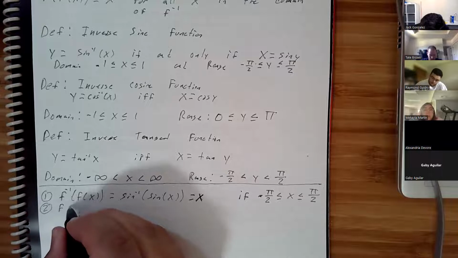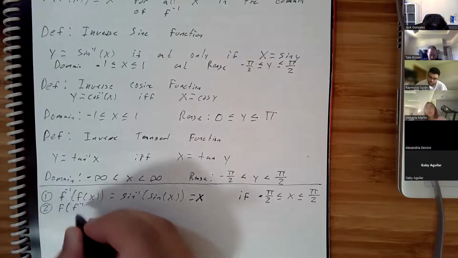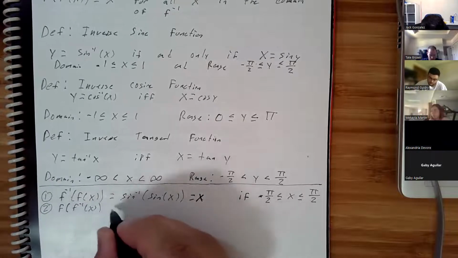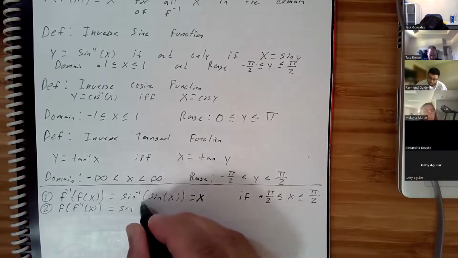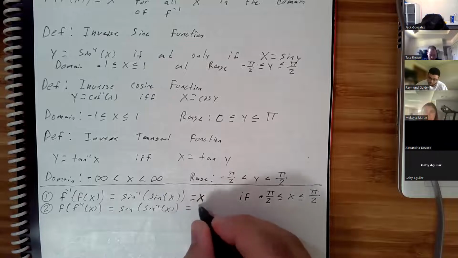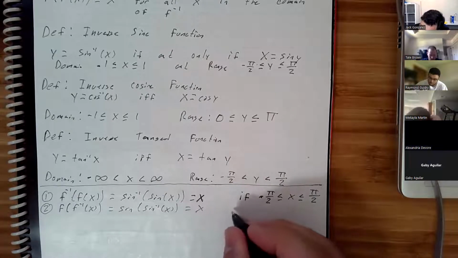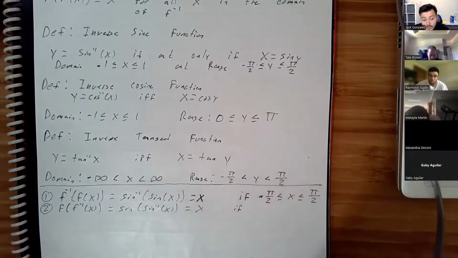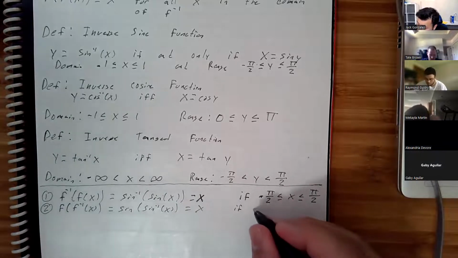Now, if you have it the other way, f of f inverse, which means sine of sine inverse, they will cancel if your x is between -1 and 1.